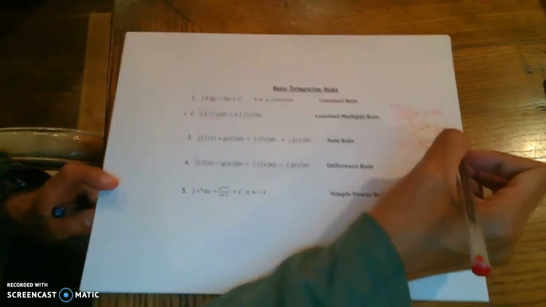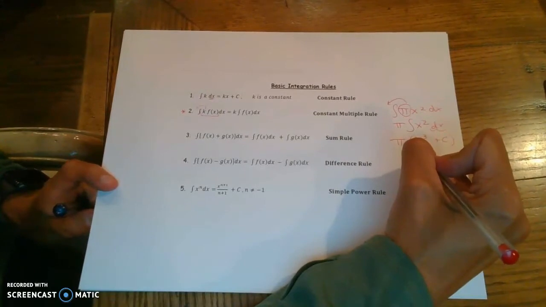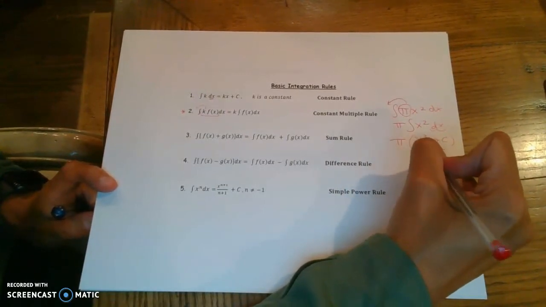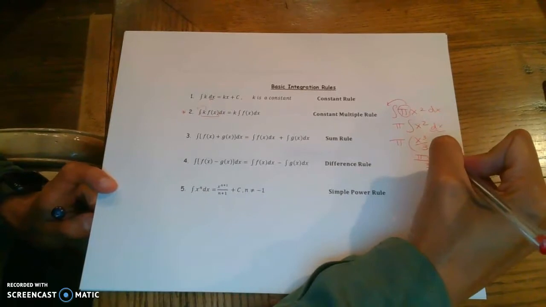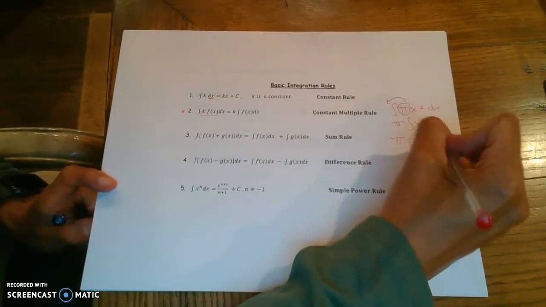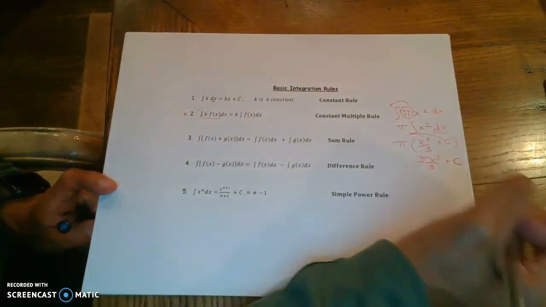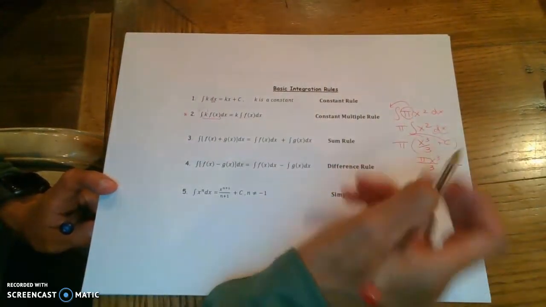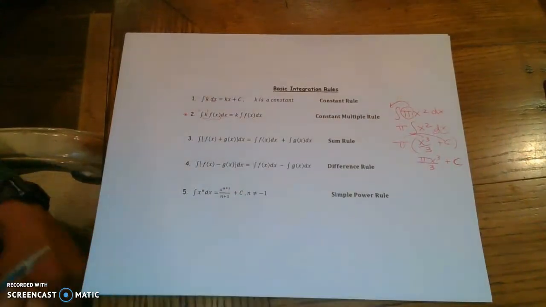When you multiply that by pi, this becomes pi x cubed over 3, plus, guys, that's still c, because pi times c, if you distribute it, is just another constant. So that's just an idea of what we call the constant multiple rule.